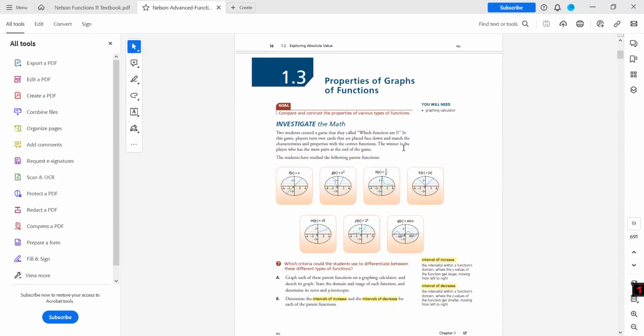But today, we're going to investigate some of the properties of graphs and functions. As soon as in grade 11, you already got familiar with many of the functions, such as trigonometric functions, primary trigonometric ratios.